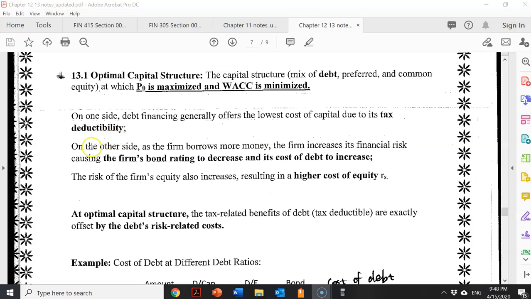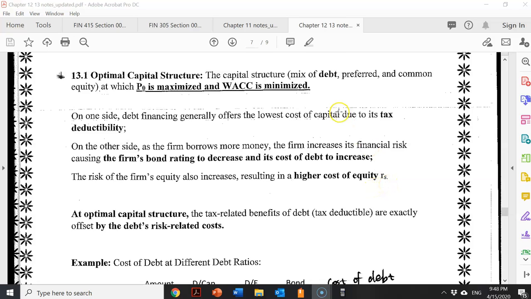But on the other side, as the firm borrows more money, the firm increases its financial risk, causing the firm's bond rating to decrease and its cost of debt to increase. The risk of the firm's equity also increases, resulting in a higher cost of equity, RS.